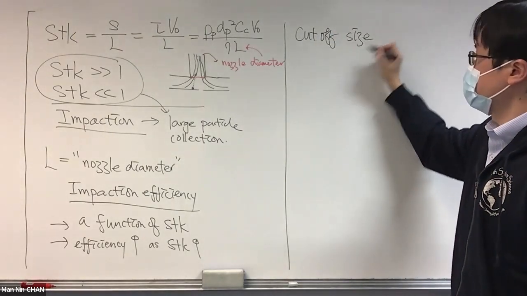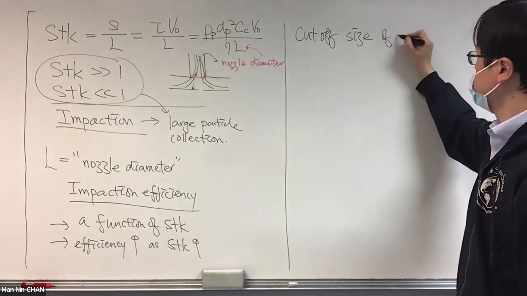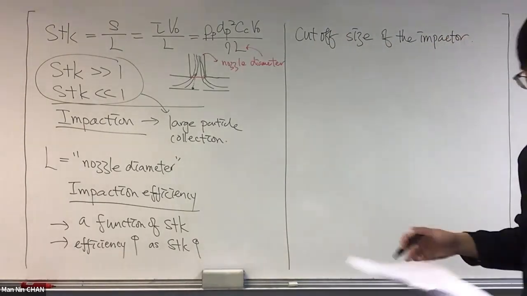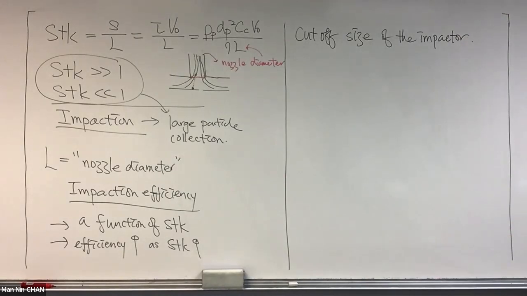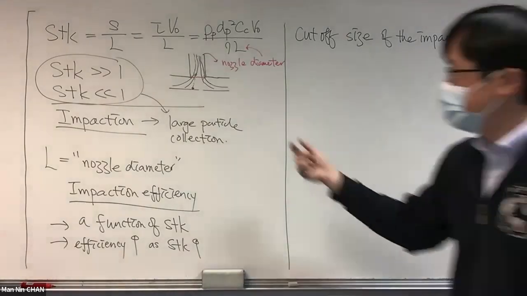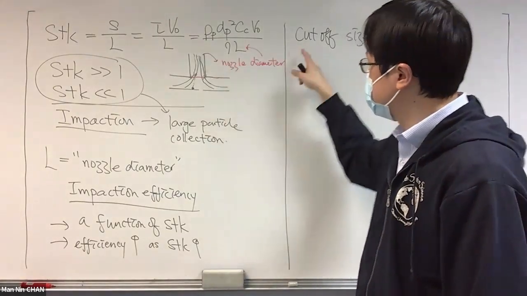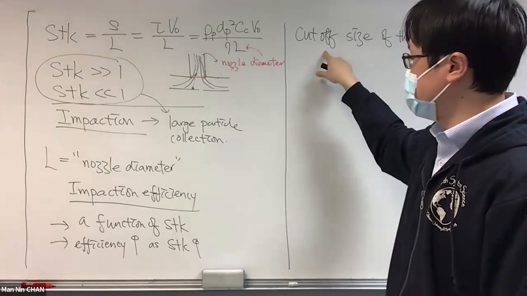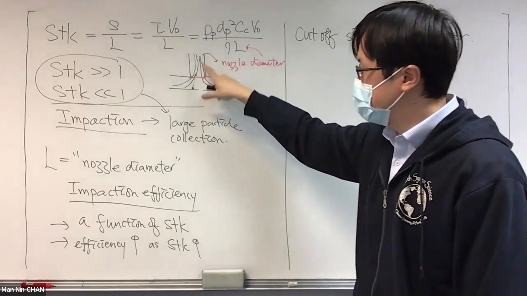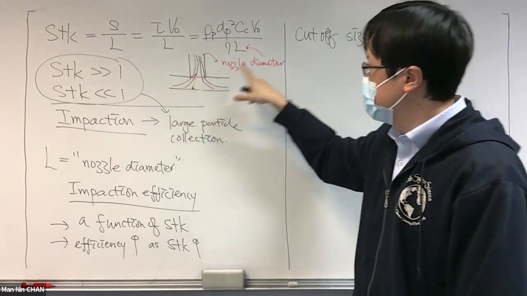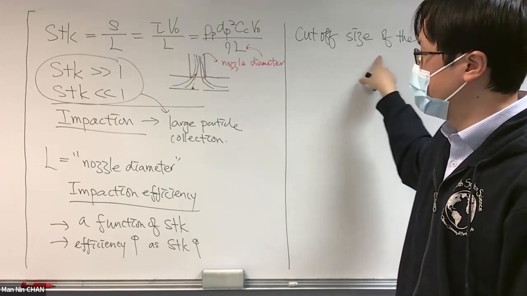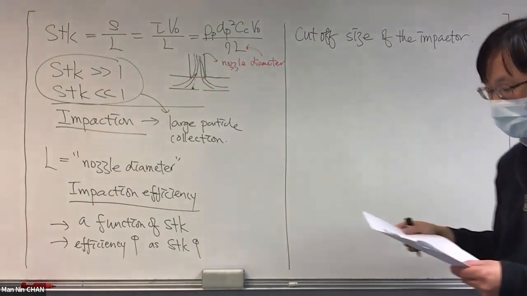What's the meaning of this cutoff size of the diameter? Basically, if the particle size is smaller than this cutoff size, they will not be collected. If your particle size is larger than the cutoff size of your impactor, they will be collected.